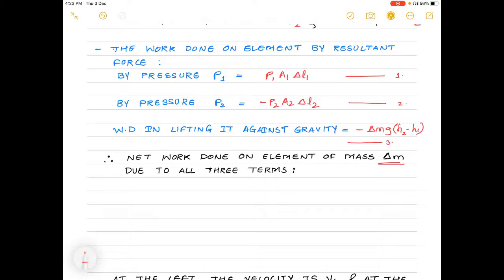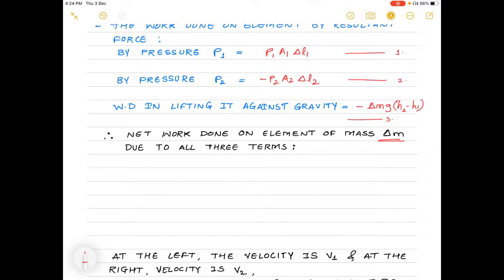So the net work done on the element of mass delta m due to all these three terms is given as work done W equals the summation of all these three terms, that is P1 A1 delta L1 minus P2 A2 delta L2 minus delta m g (H2 minus H1).